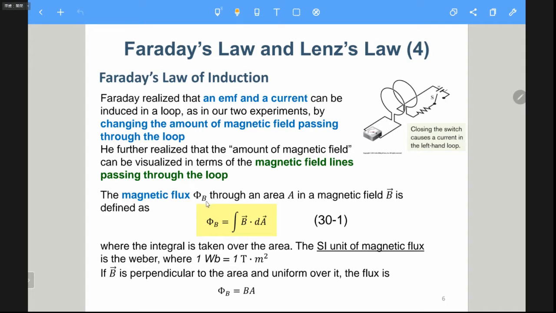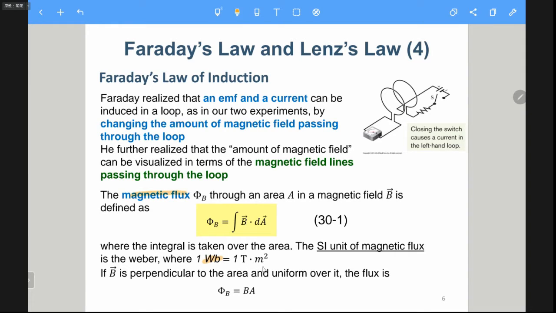So the magnetic flux Φ_B through the area A in a magnetic field B is defined as this one. The integral is taken over the area. The SI unit for the magnetic flux is called the Weber, which is actually Tesla times meter squared, because the SI unit for B is Tesla and the SI unit for area is meter squared.